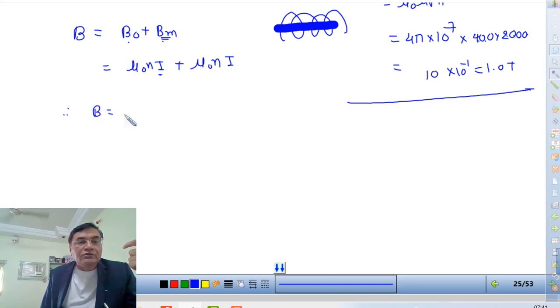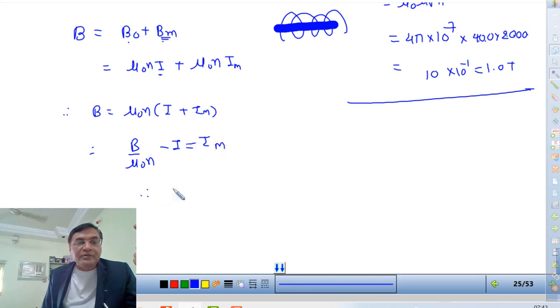So B is equal to mu 0 N times, where N is common, I is the current flowing through the solenoid, and Im is the magnetizing current. So B upon mu 0 N minus I is equal to Im. What is B? It is 1. Mu 0 is 4 pi into 10 raised to minus 7, and N is 1000, the number of turns per unit length, minus I is equal to Im.